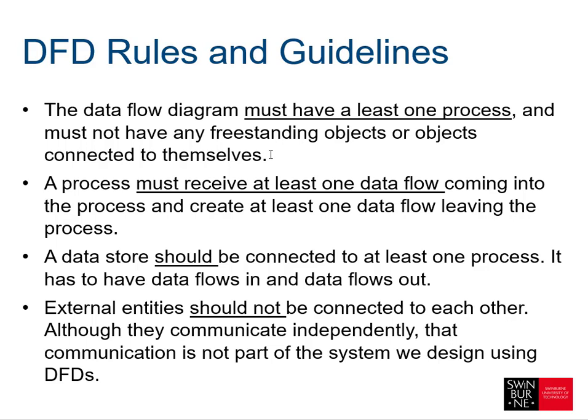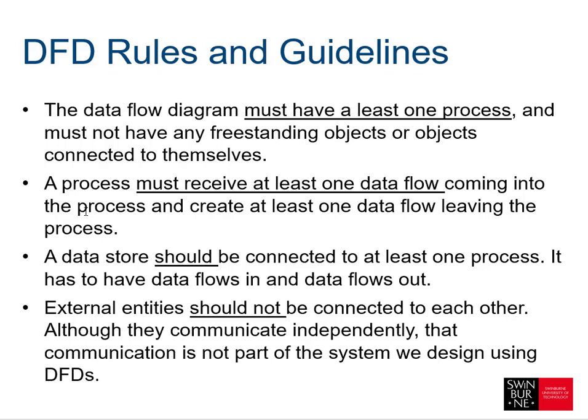What are the objects that you can see in the data flow diagrams? Basically you can see external agents, processes, process flows or data flows, and then you have entities, right? Entities, processes and external agents have to have connections, so you can't have any freestanding object without any connection.